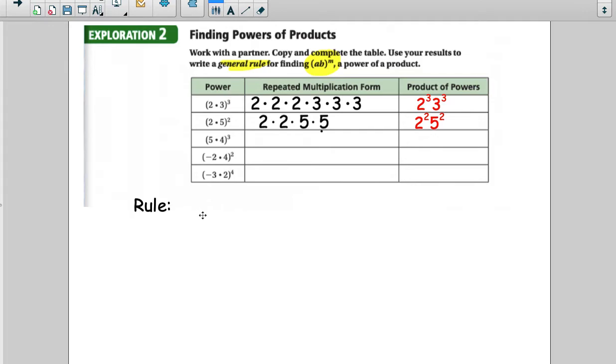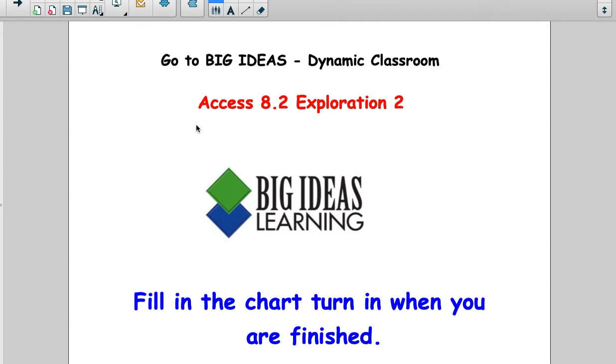And think about what's happening here to here. What is the change that's happening, and what rule can you apply that makes sense for anyone else? Okay, so you're going to go to Dynamic Classroom and fill in this chart for Exploration 2, and when you are finished, you are going to turn it in. It will tell you if you did it correctly or not.